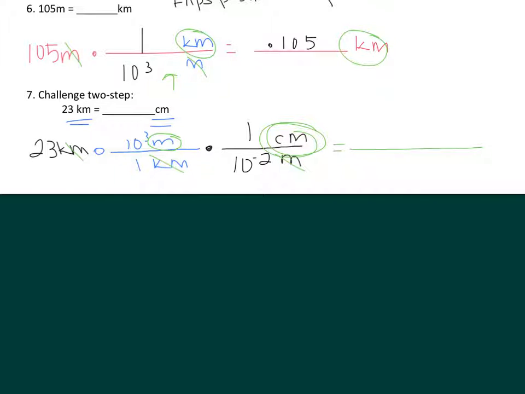I just need to multiply everything across and divide by what's on the bottom. And when I do that, I get 23 times 10 to the third divided by 10 to the negative second. And my final answer is this guy right here. Now, hopefully that's what you got in your lovely calculator.